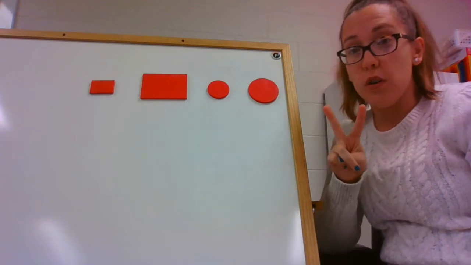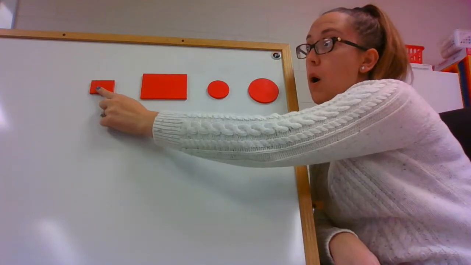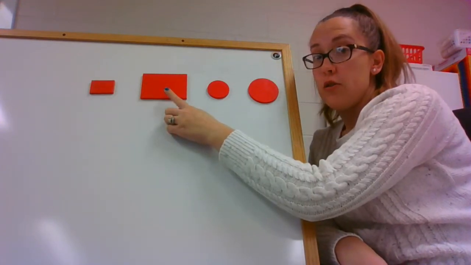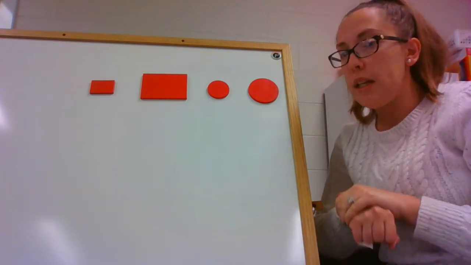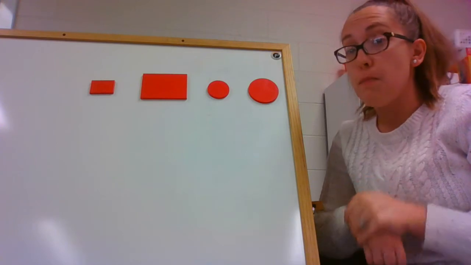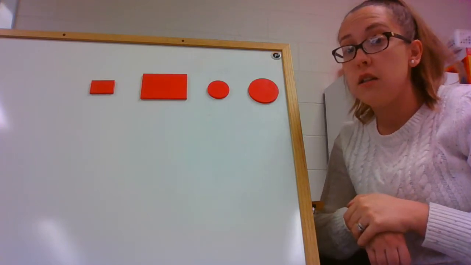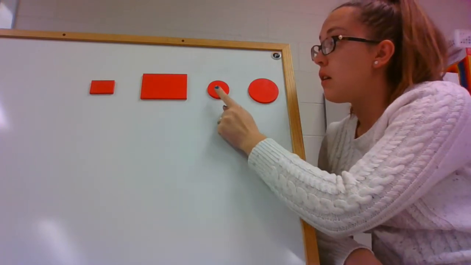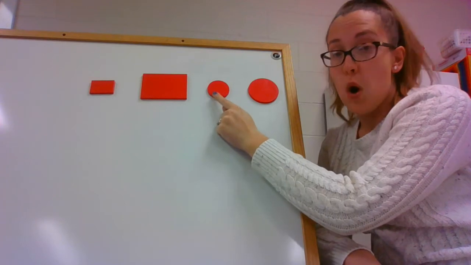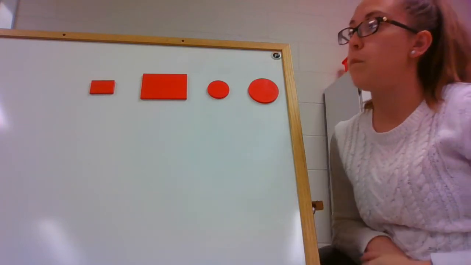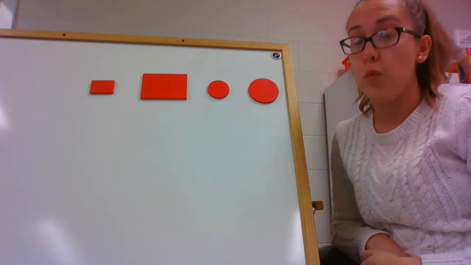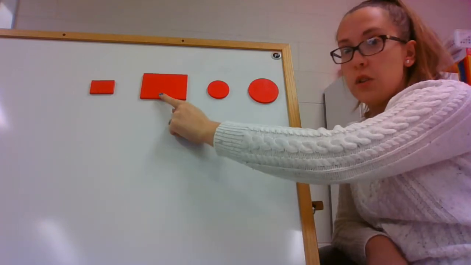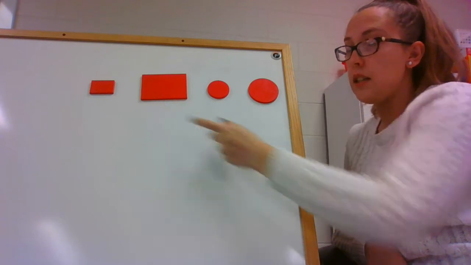And those were the two words that we learned today, small and large. So if you said, point to the small red circle, there's only one small red circle. Or if you said, point to the large red rectangle, there's only one large red rectangle.